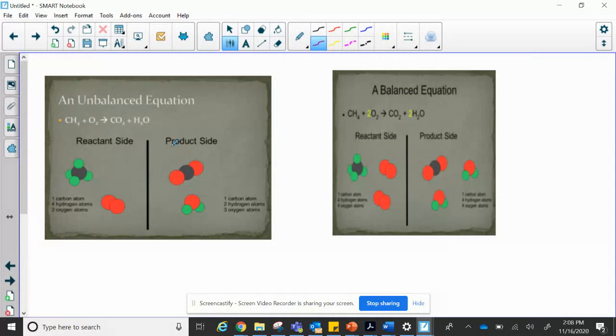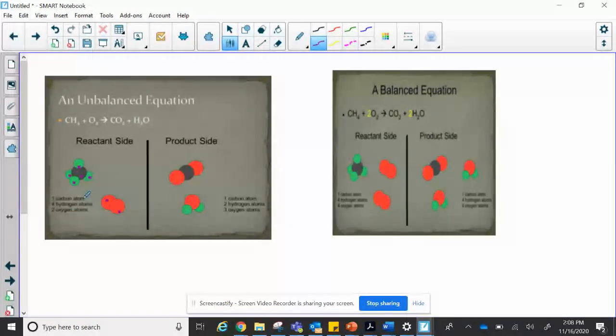Now, let's look at some problems here. Right here we have CH4 plus O2 gives us CO2 and H2O. On the reactant side, the carbon atom is this big guy right here. We've got our 4 little H's, and then we've got our 2 O's.